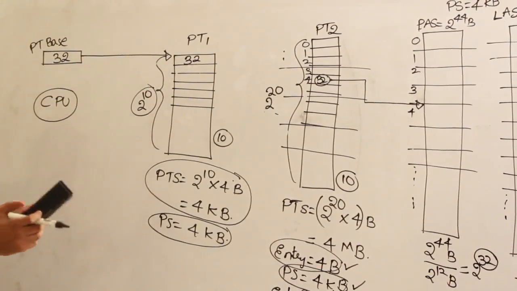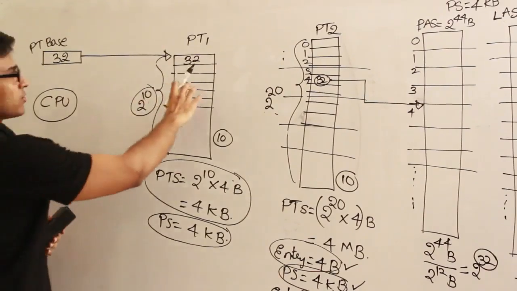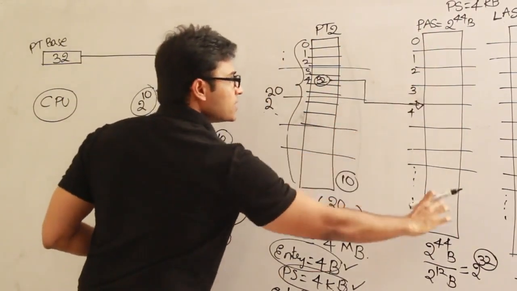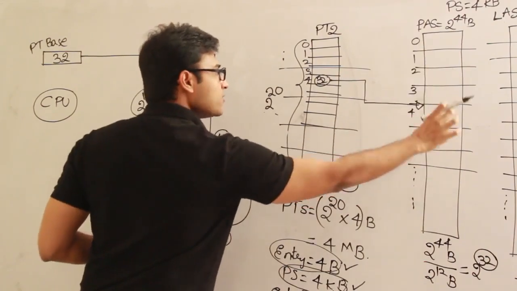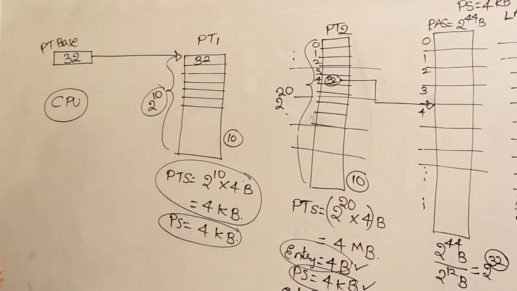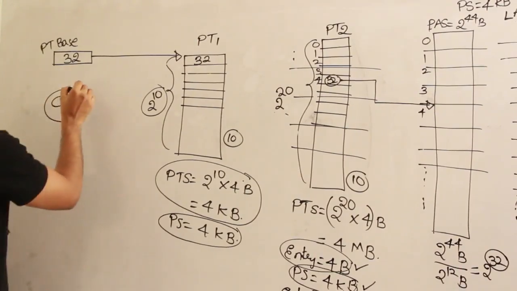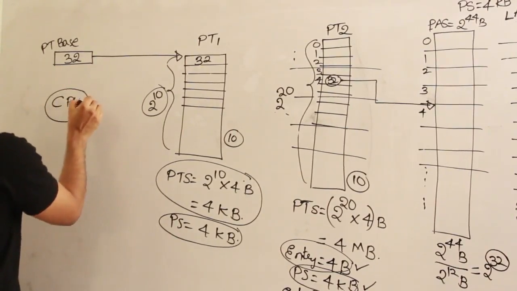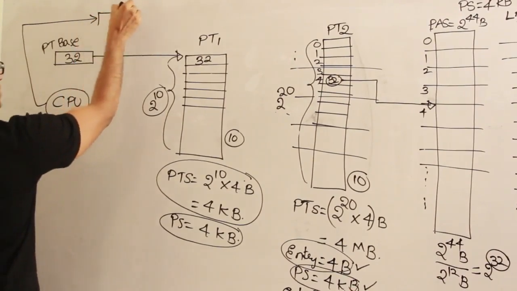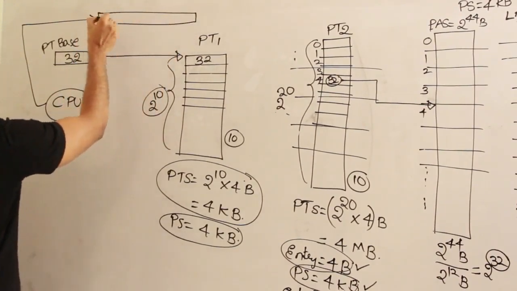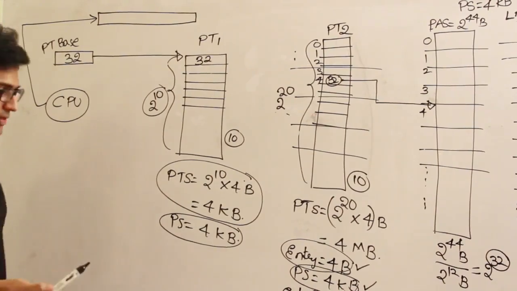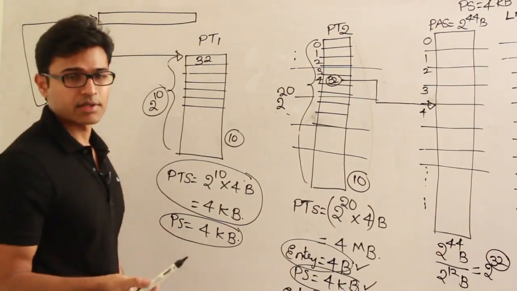You can just refer, I'm not directly going to show you there. Actually this is also present in one of the frames in the physical address space, but I'm just showing you here to make things simple. Okay, and now whenever CPU, watch it, whenever CPU generates the logical address, how many bits is the logical address? 32 bits.